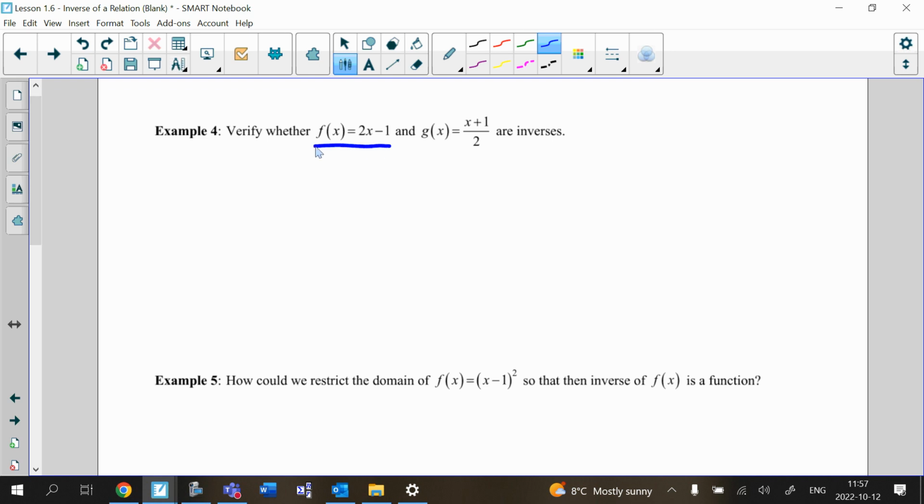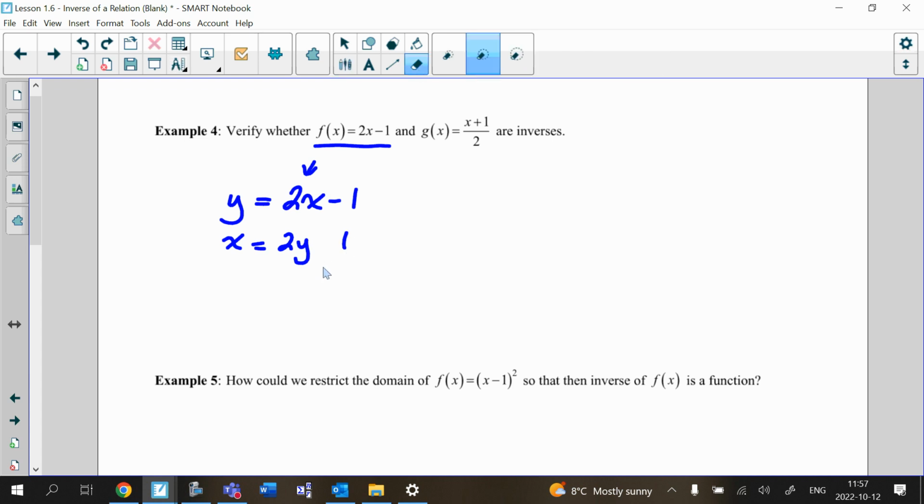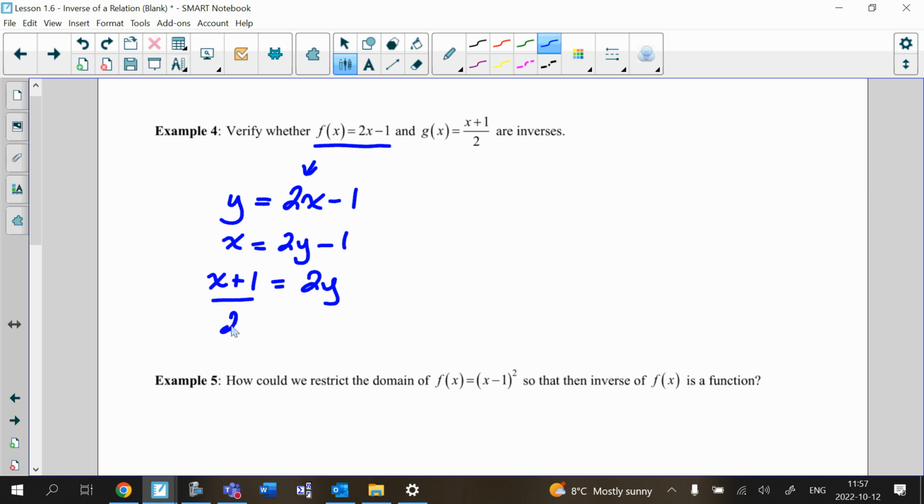Add 1 to both sides. Divide both sides by 2. So when you do the inverse, you get this expression, which equals g of x, which means they are inverses of each other.